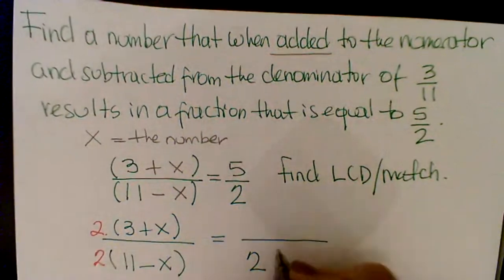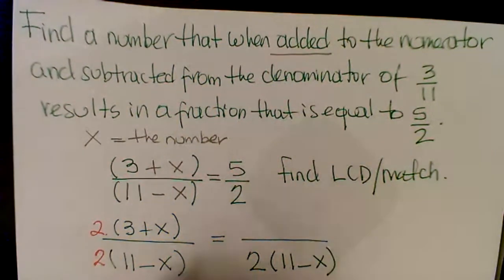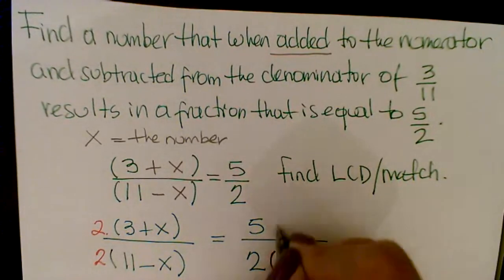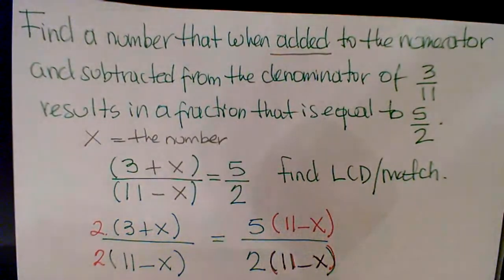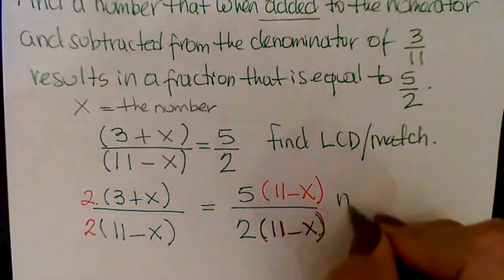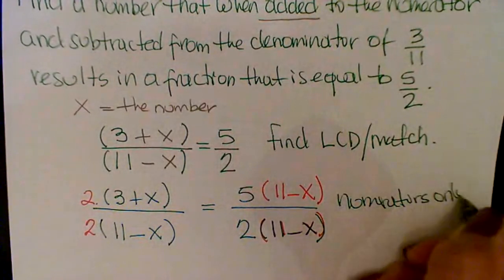The 2. And what are we missing here? 11 minus x. Oh, should have been in red. 11 minus x. Okay. Now we are only going to be working with the numerators only.